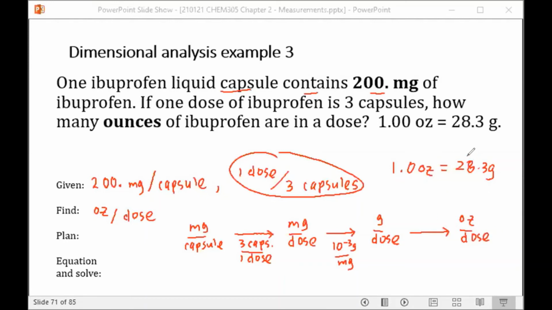Now we can use this conversion factor, 1 ounce equals 28.3 grams, to go from grams to ounces. So we'll set it up with 1 ounce on top is equivalent to 28.3 grams on bottom. And that will cancel out grams top and bottom and leave us with ounces.